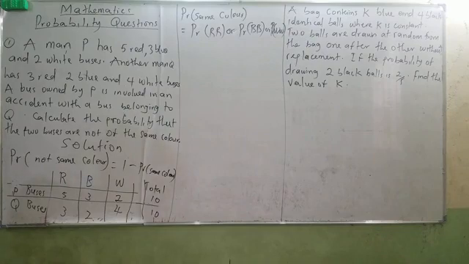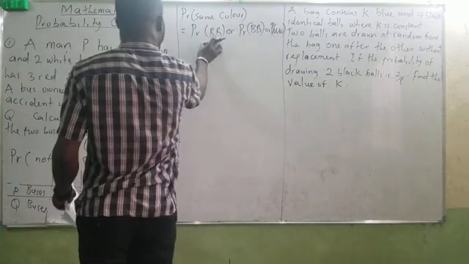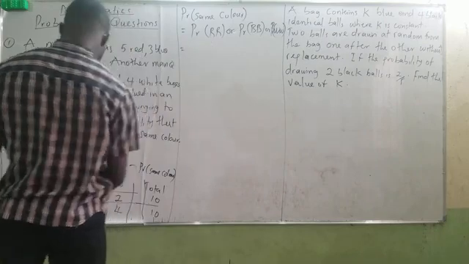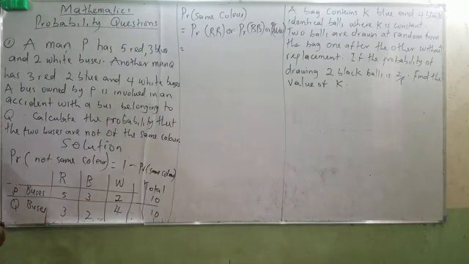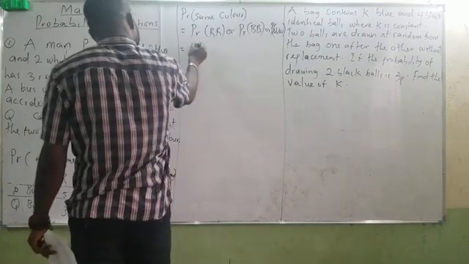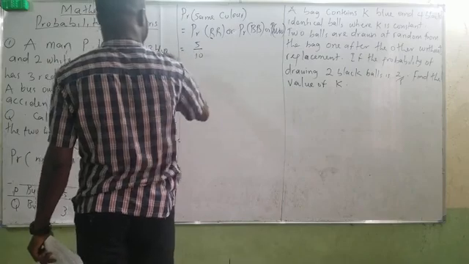Probability of the same color will be, for instance, this is blue, blue. This particular question will just take you to the probability of having red. It will be 5 all over 10 for the first red.